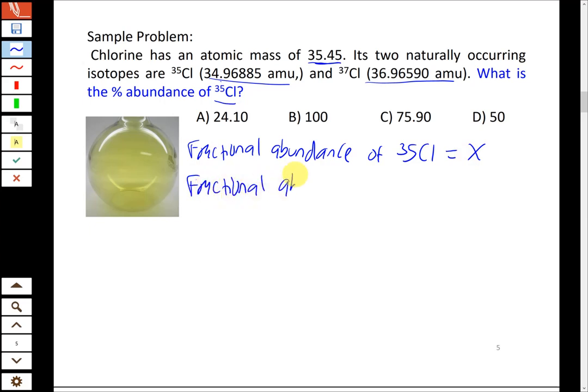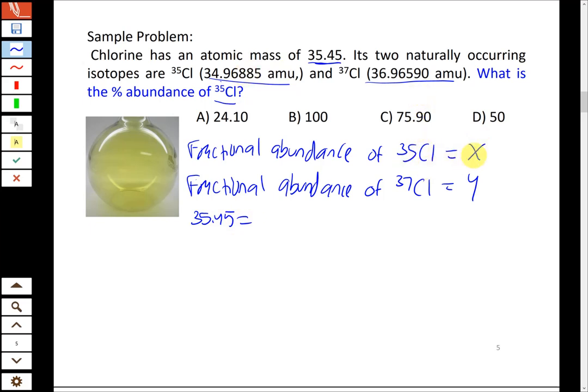And the fractional abundance of 37Cl we'll call y. So those are going to be our 2 unknowns. We don't know either of those at the start, and we're trying to find one of them to answer this question. The first equation we're going to set up is just the definition of atomic mass, where we take the given atomic mass, 35.45, and that's going to equal the fraction of each isotope multiplied by the mass of each isotope.